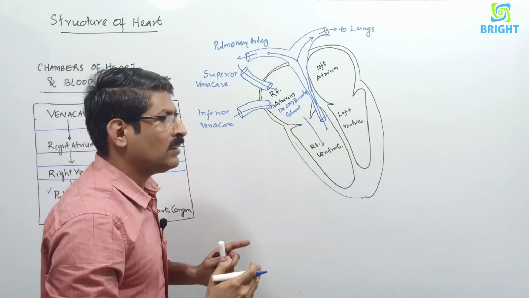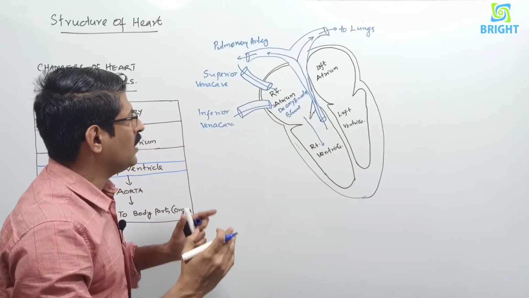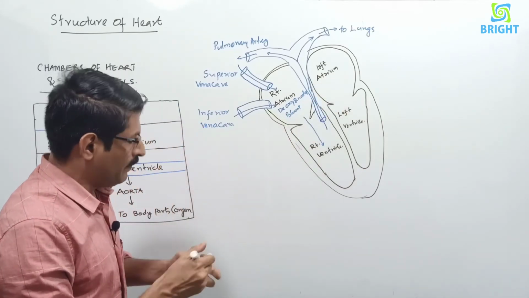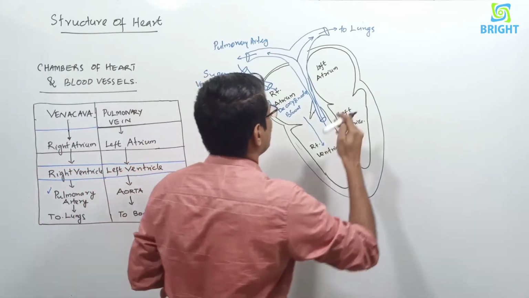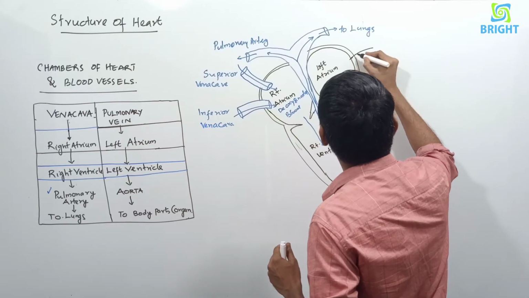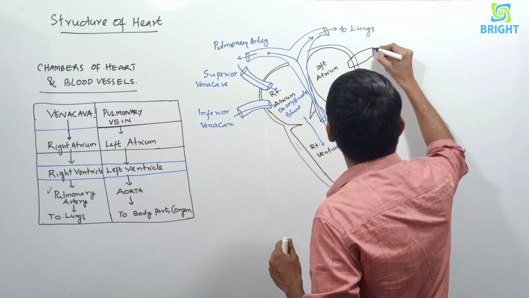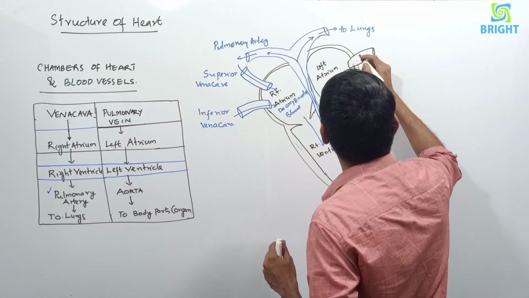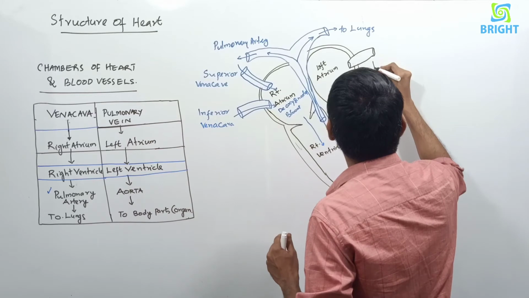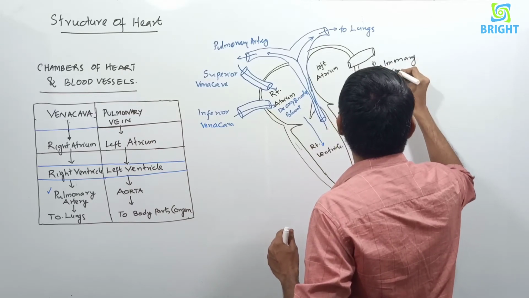So inside the lungs blood purification takes place, and the purified blood, that is oxygenated blood, is received by the left atrium. So the left atrium is receiving the blood, and there are 2 blood vessels, one from the left side and also one from the right side, and this blood vessel is called the pulmonary vein.